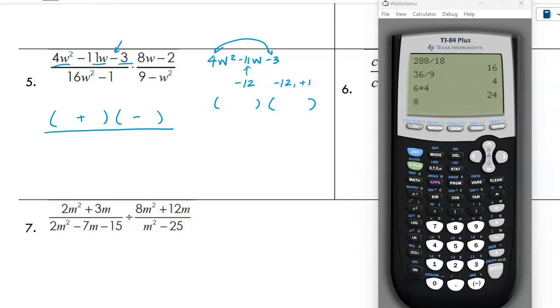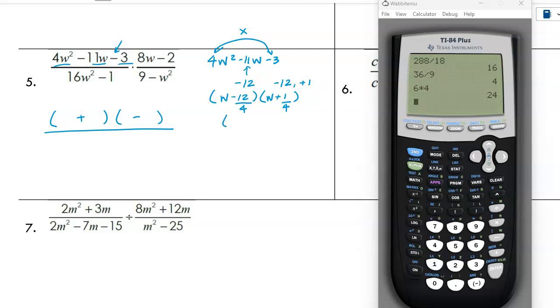Let me go ahead and do it a little bit above because I'm going to need room. Okay, you would rewrite it, and that would be a minus 12 and a plus 1. Split the W's. But you have to still divide it because since we multiplied, we have to divide both of these by 4 and then reduce.